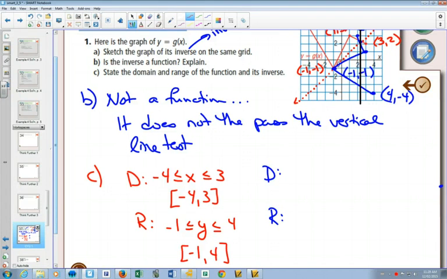Now sometimes you'll get an inverse question where they just give you the domain and range without a graph and say, now what are the domain and range of the inverse? Now remember that domain are your x values and range are your y values. And if an inverse, the key idea, is you're switching your x and your y values, then the y values of our range become, switching the x and y, the x values of our domain.